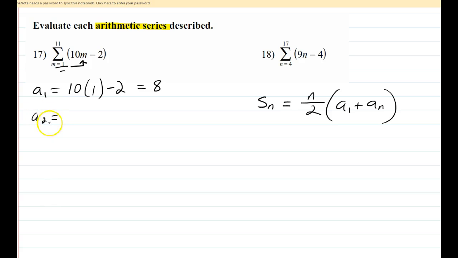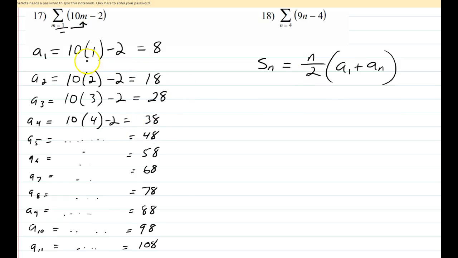And if I want to know the second term, I would then plug 2 in. And so this isn't how we would use this formula, but I just want you to understand what's happening here. So we get 20 minus 2 is 18. Ten times 3 minus 2 is 28.